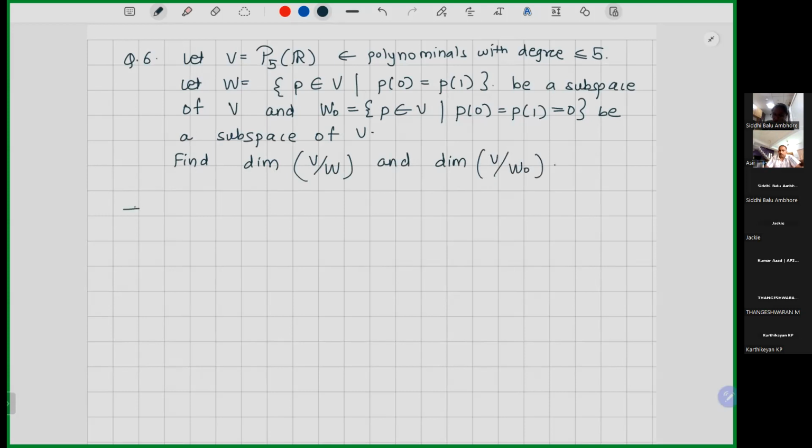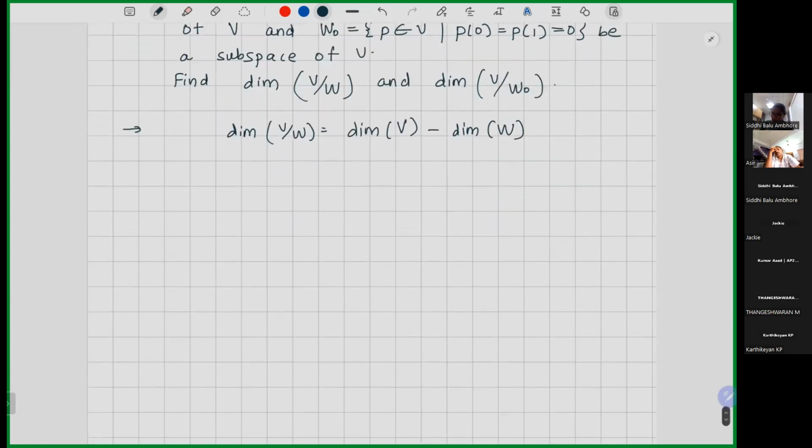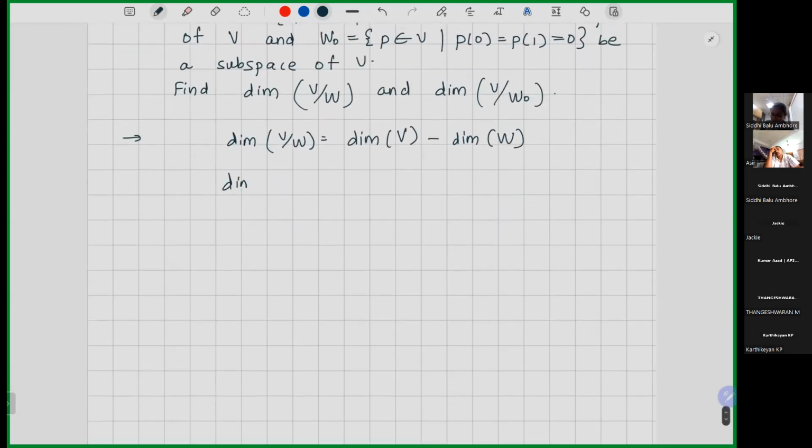Okay. So we clearly know that the dimension of V mod W is the dimension of V minus the dimension of W, right? So we already know the dimension of V means the dimension of P5R here.